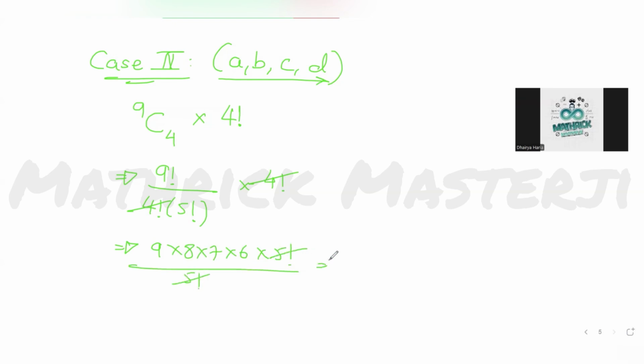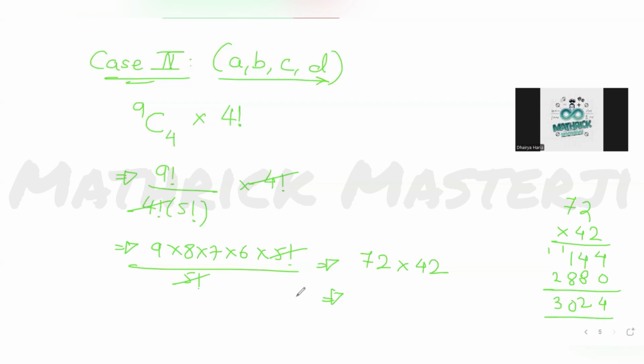This cancels. So I get 9 times 8 is 72. 7 times 6 is 42. 72 times 42. So 2 times 2 is 4. 2 times 7 is 14. 4 times 2 is 8. And 4 times 7 is 28. So I get 3024 words found in this case.